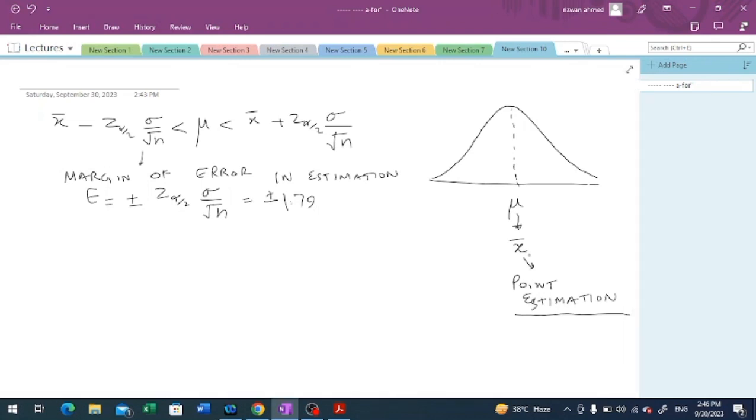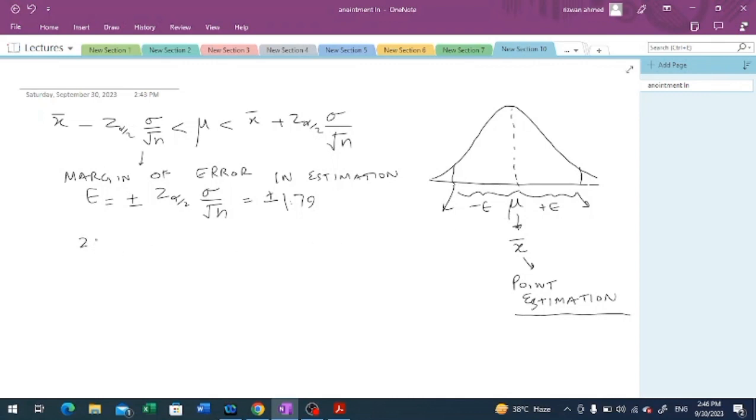Now, with the help of adjusting some factor, what we call the margin of error, subtracting it from this and adding the margin of error to it for a 95% CI, or for any given percentage of CI, we get the lower bound and the upper bound for the answer.